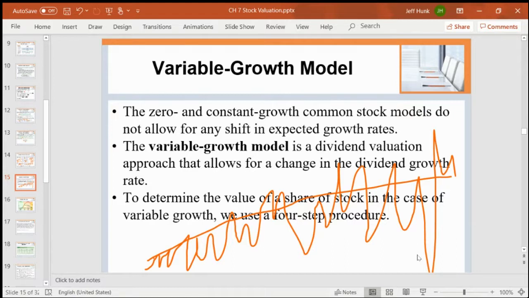In other words, on average, a steady, constant rate.